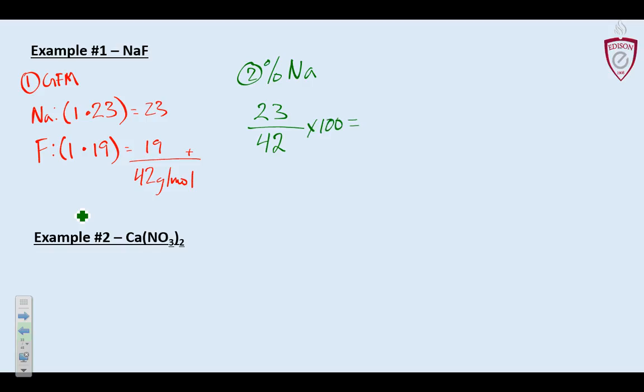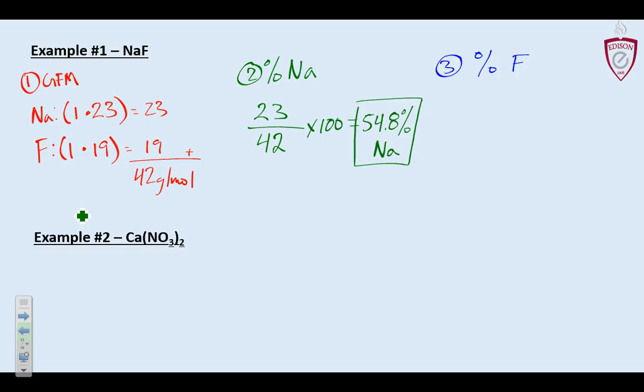Let me plug that in the calculator: 23 divided by 42 times 100. It came out to 54.76, so I'll round that to 1 decimal, which gives 54.8. Put a percent sign and Na underneath it.